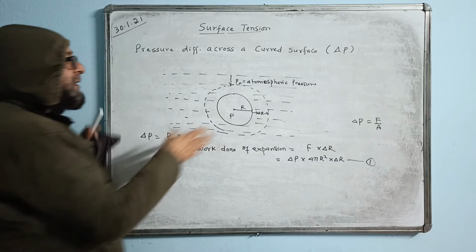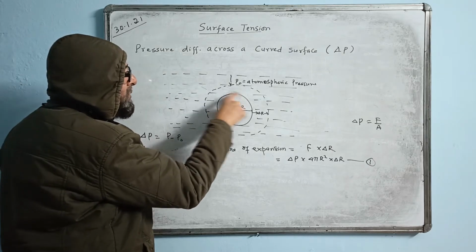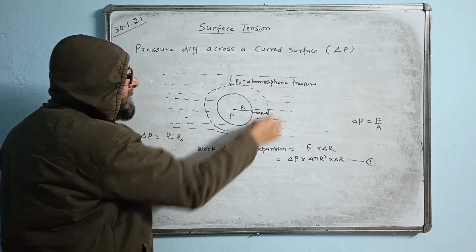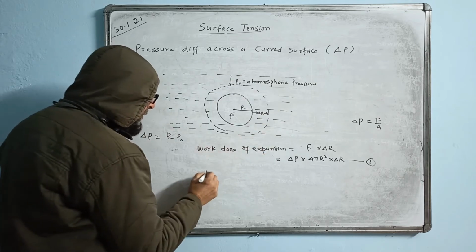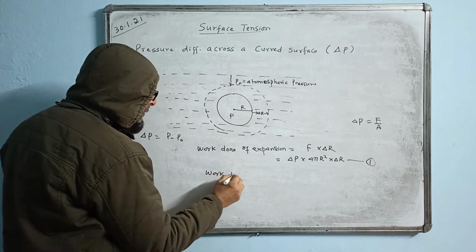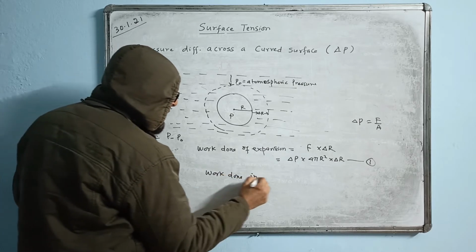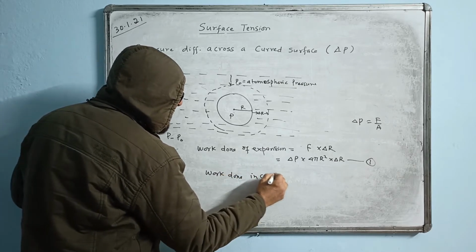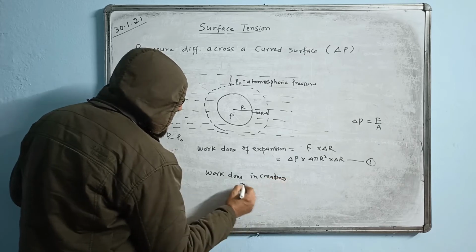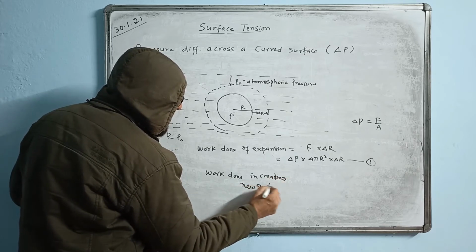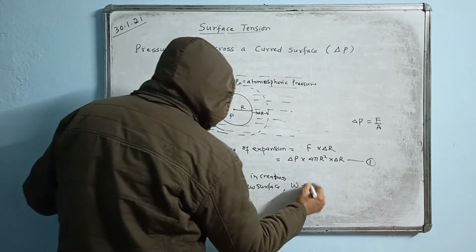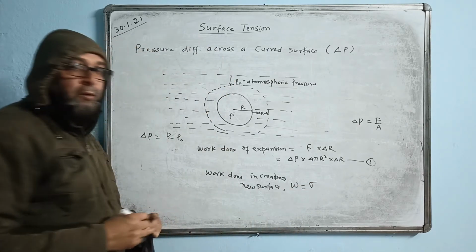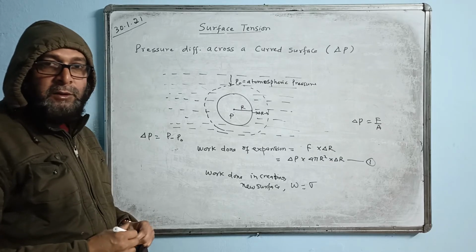Here you will find that a new surface is created. This was the original sphere and the new sphere is being created, that is, new surface area is created. We write the work done in creating the new surface. That is W, and we know the formula W is equal to sigma into the area of the new surface created.